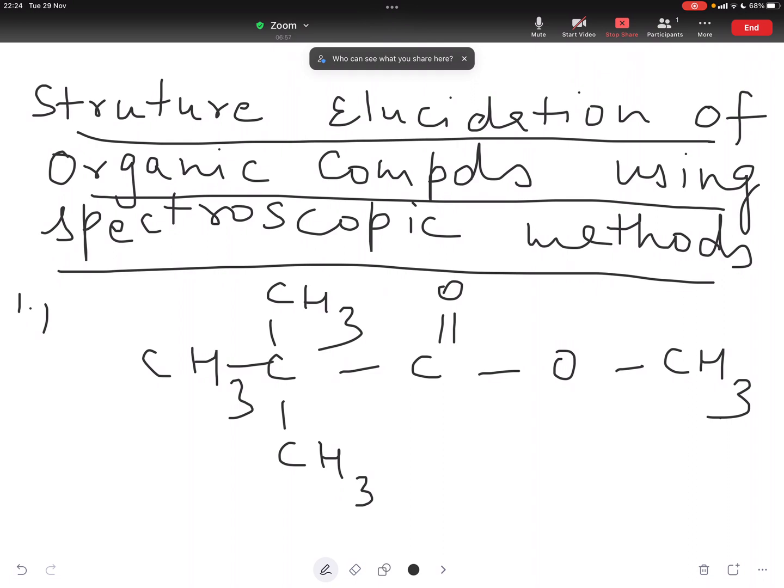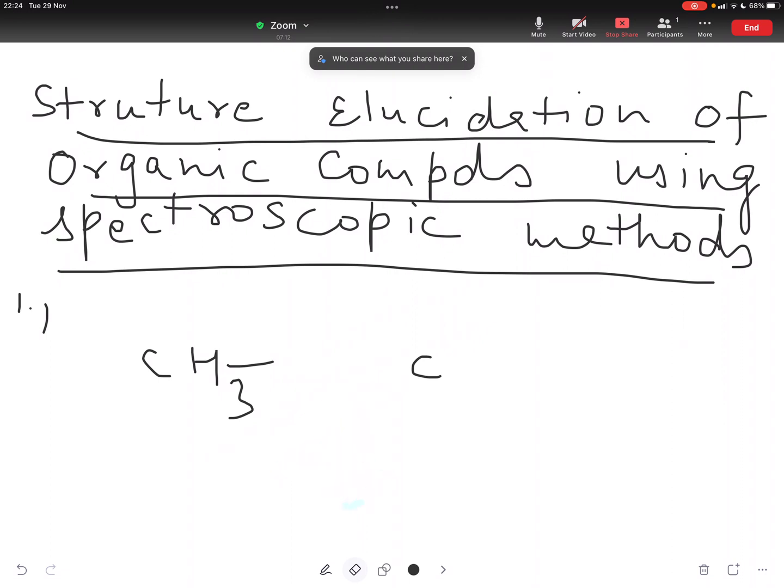Next problem is a colorless liquid of molecular formula C4H8O that shows the following spectral data. This is the second problem.